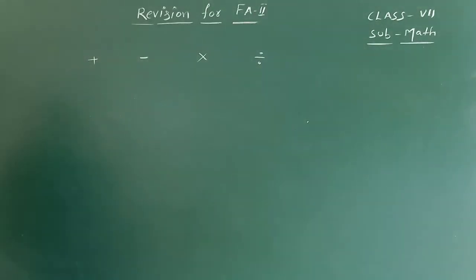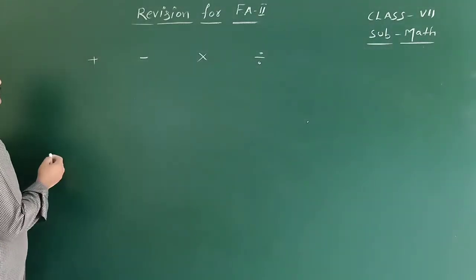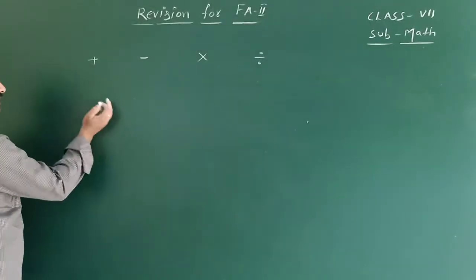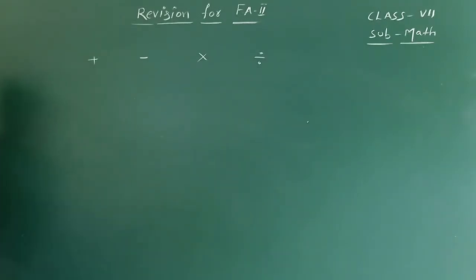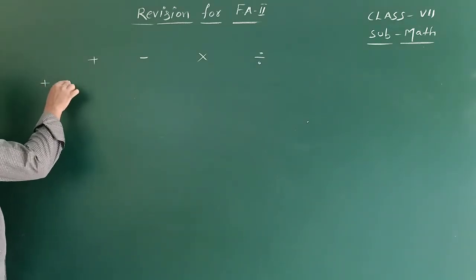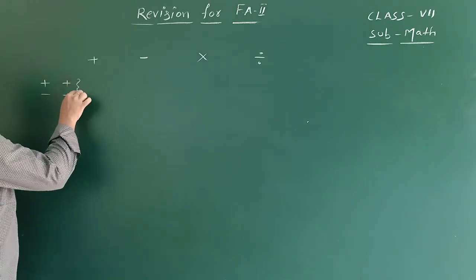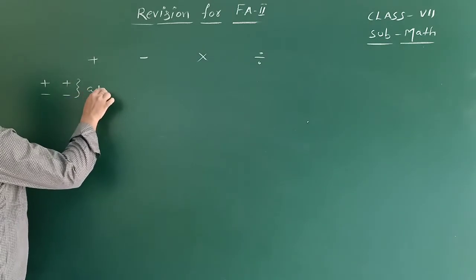Here, addition of integers. Addition of integers with positive signs or negative signs: add and assign the same sign. That means plus plus or minus minus is also addition only.